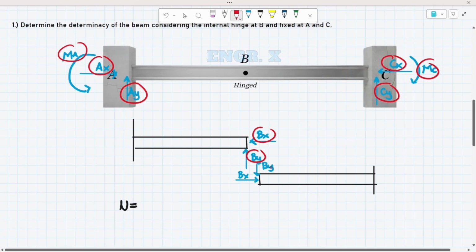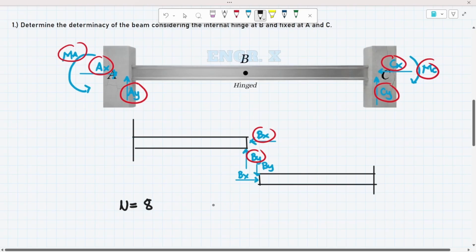So, hindi na. Kasi this BX and BY is the same as this BX and BY on the other side, just opposite in direction, but the magnitude is the same. So, hindi natin sila i-consider. We will take this BY and BY as 1 and BX and BX as 1. So, our number of unknowns is ilan? That is 8.